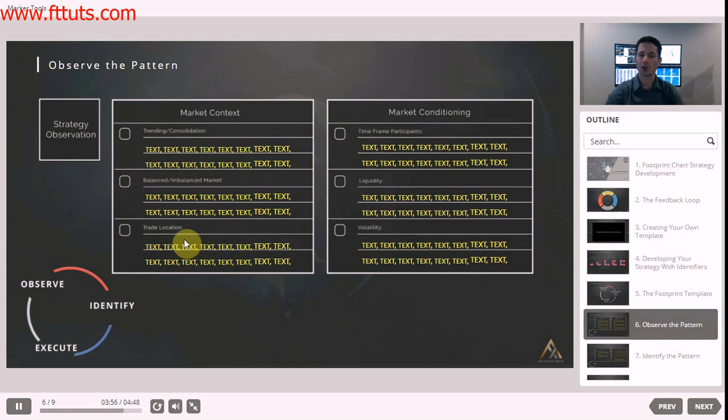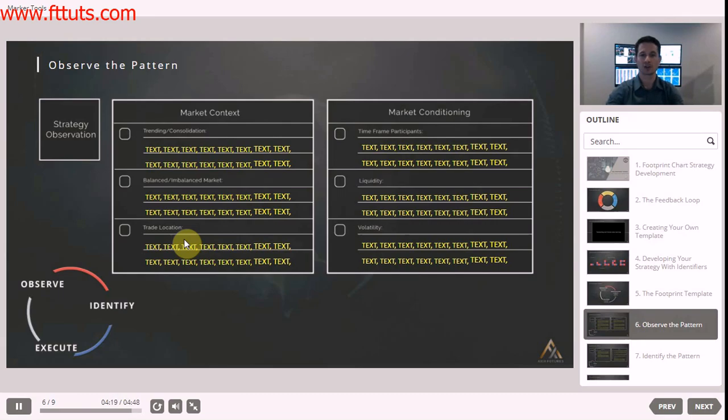Once you've observed the conditions for the strategy, over time you're going to develop a very strong understanding of the prime conditions in which your strategy will work. By doing this every single day, you're going to very quickly recognize when, for instance, a breakout trade works well, or when a hiding behind the elephant trade strategy works well.